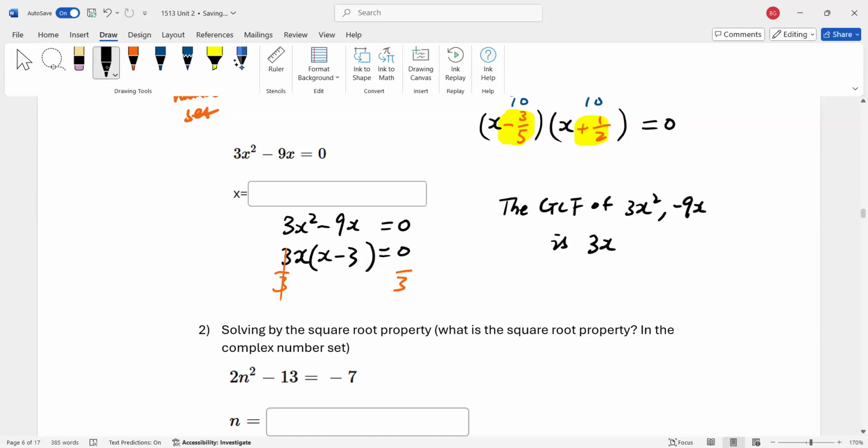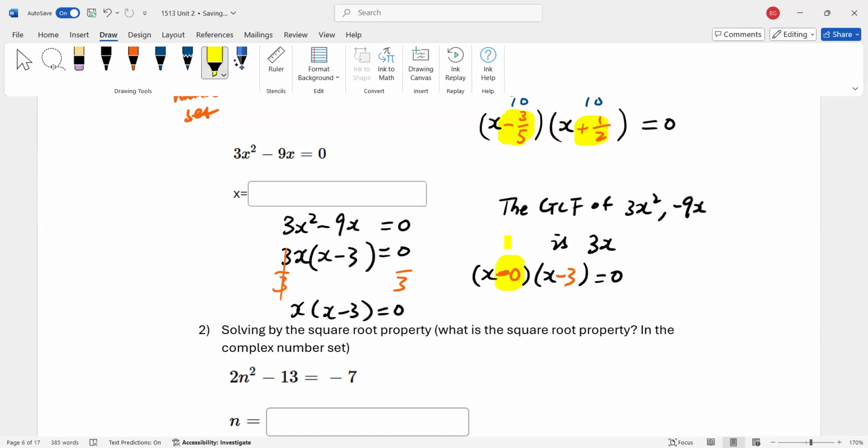So the equation can be written as x times x minus 3 equals 0. And I can rewrite the left side as x minus 0 times x minus 3. Same as earlier.